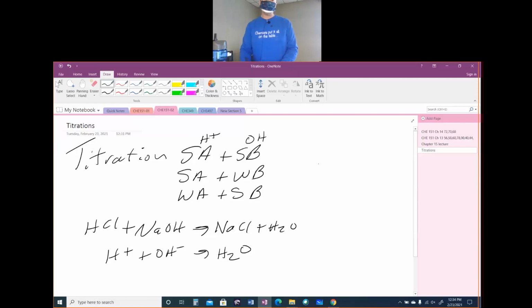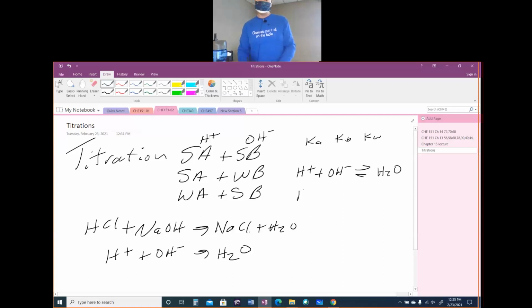Of the three reactions, Ka, Kb, Kw, the only one that has both H plus and OH minus in it is your Kw. So when you write your Kw, you write it the reverse of how it's written there. You write it as H plus and OH minus yields water. No, that's how we wrote it there.